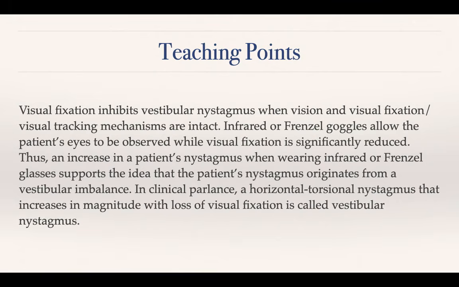Infrared or Frenzel goggles allow the patient's eye to be observed while visual fixation is significantly reduced. Thus, an increase in the patient's nystagmus when wearing infrared or Frenzel glasses supports the idea that the nystagmus originates from a vestibular imbalance. In clinical parlance, a horizontal torsional nystagmus that increases in magnitude with loss of visual fixation is called vestibular nystagmus.